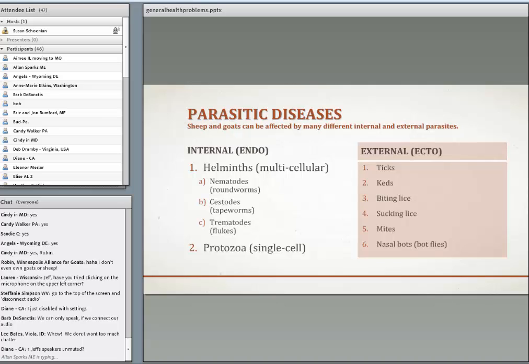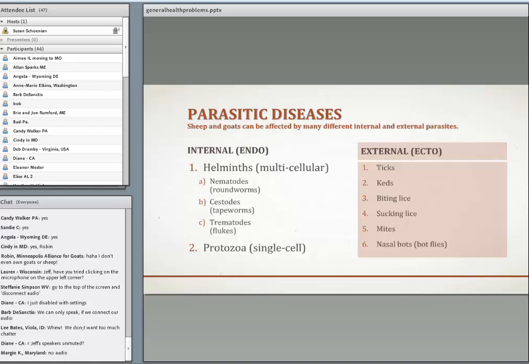To me, the biggest disease problem with sheep and goats is parasites. And there's two general categories of parasite. Really, all a parasite is, is one organism that lives off of the other one.